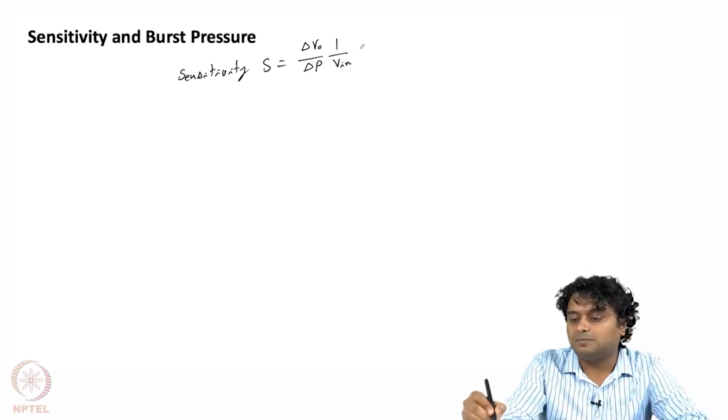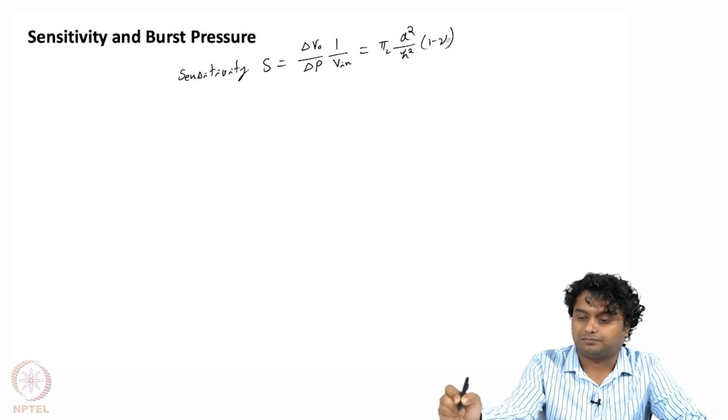So this is sensitivity per unit input voltage, which equals pi L into S square by H square into (1 minus nu).